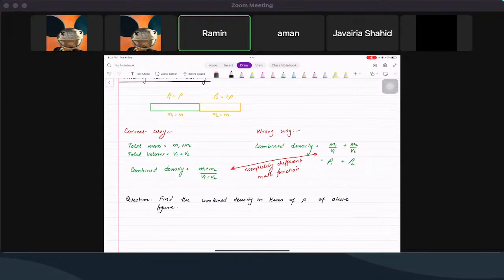So is it M1 plus M2 with 3 rho? M1 or M2, but M has a value, Raman. It's just M. M1 is also M, M2 is also M. So it's 2M, but there's no M. You're supposed to only write it in terms of rho, not M. Oh, okay.